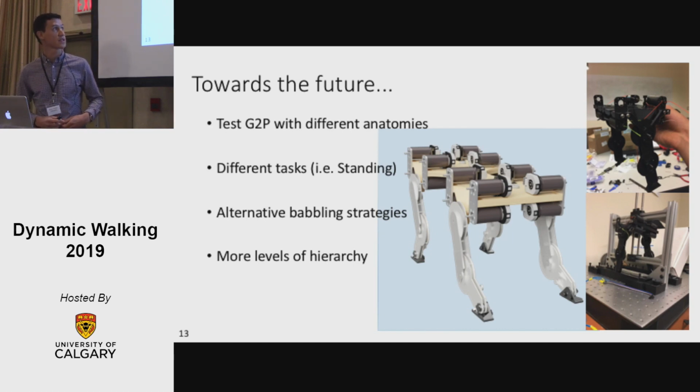We're looking forward to trying it in a quadruped, and also in a biped that we have already started constructing. And we want to try different tasks, for example, a standing task, where we will need to generate downforce. Also, alternative babbling strategies, meaning that maybe we can do some babbling strategies based on curiosity, for example. And more levels of hierarchy in our control architecture.